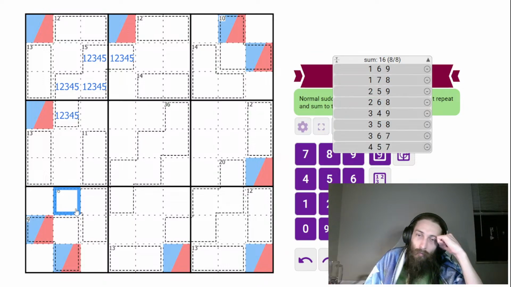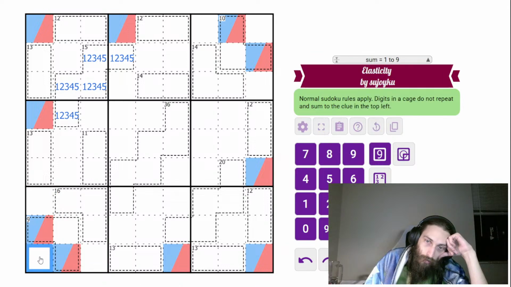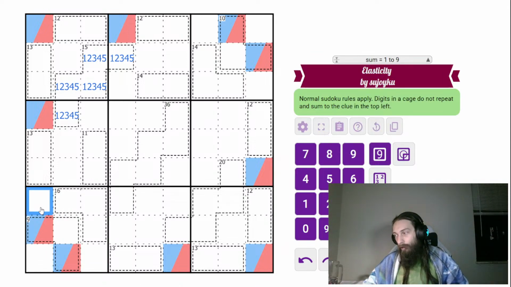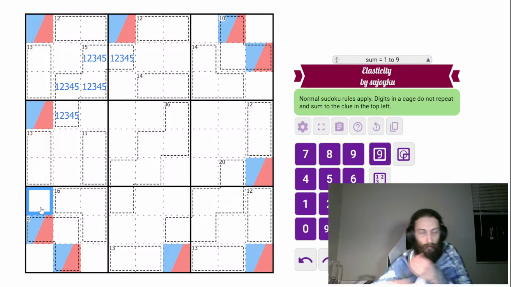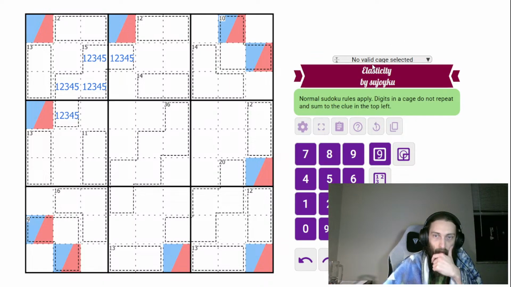But then 16 would have to have 1 from 1, 2, and 3. Right. Wait, no, I can put the 3 in the 20. Yeah, because 3 and 8, 9 is 20. Darn. Thought I could maybe rule out that possibility.